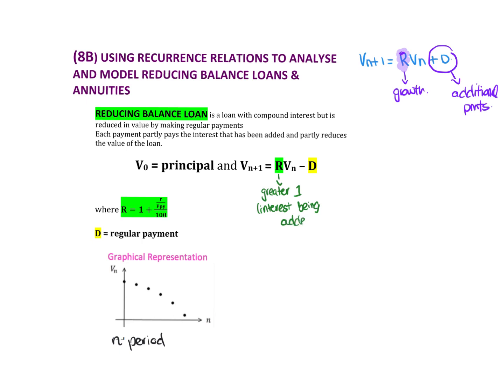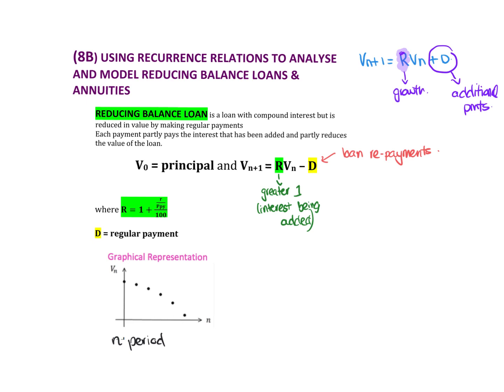And then what we're going to do is make payments. So this D is the loan repayments. That's us trying to reduce the amount we owe the bank. So you can see the D's are negative, so we're going to minus it.